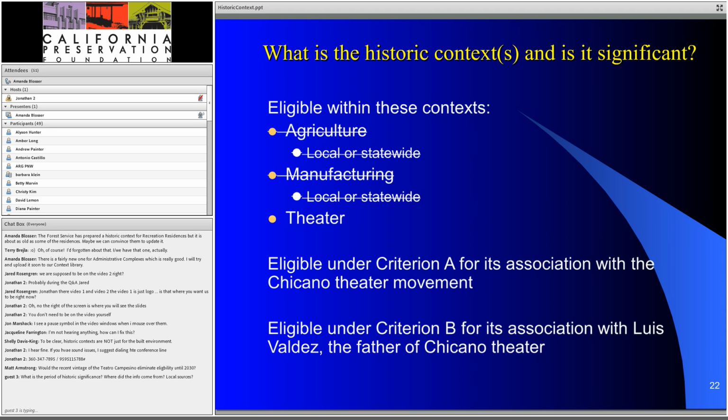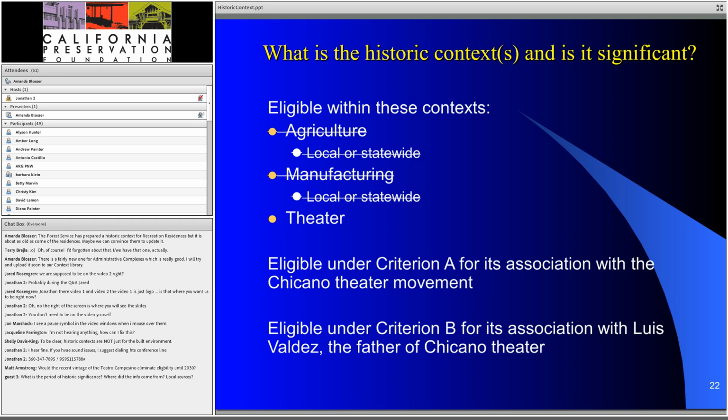So the next question is, what is the period of historic significance, and where did the info come from, local sources? We haven't decided what the period of historic significance is. That's a really tough one at this point. The theater started in 1965, but they didn't have a permanent home until 1980, which I just showed you a picture of.